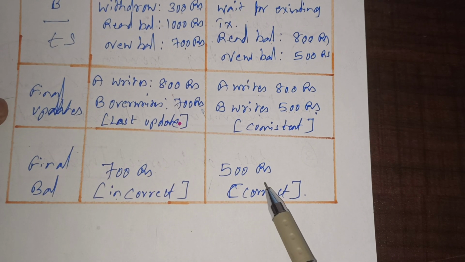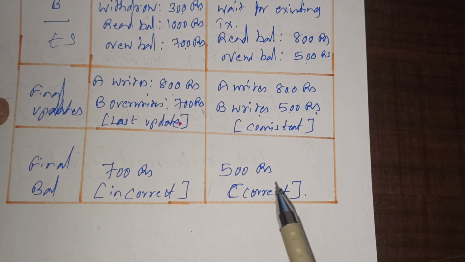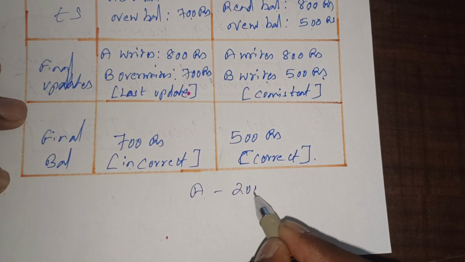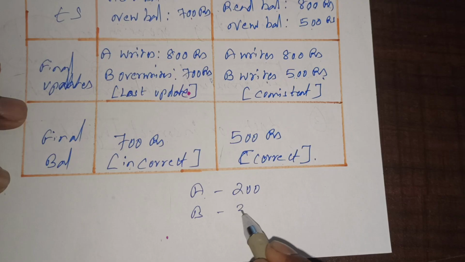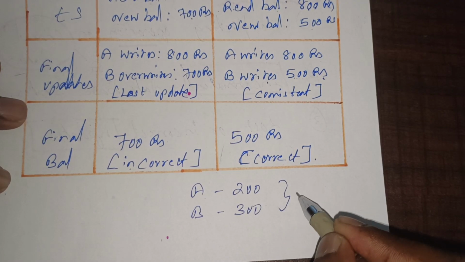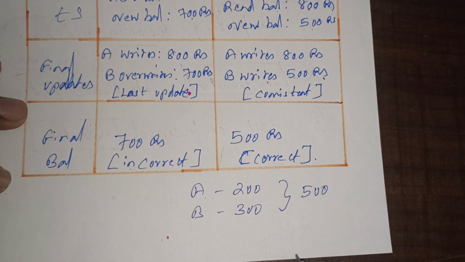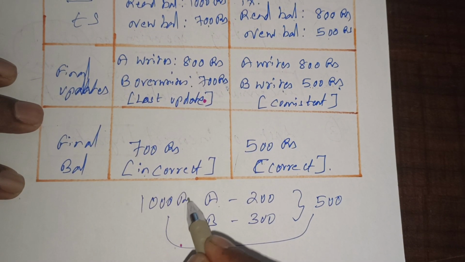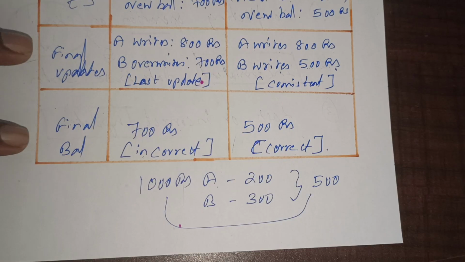And here you can find it as 500 rupees, and this is actually the correct state, right? Because A is initiating to withdraw 200 rupees, B is initiating the withdrawal of 300 rupees and the total is 500. What is the balance? The initial balance is 1000 rupees. Right? I hope you understand now.